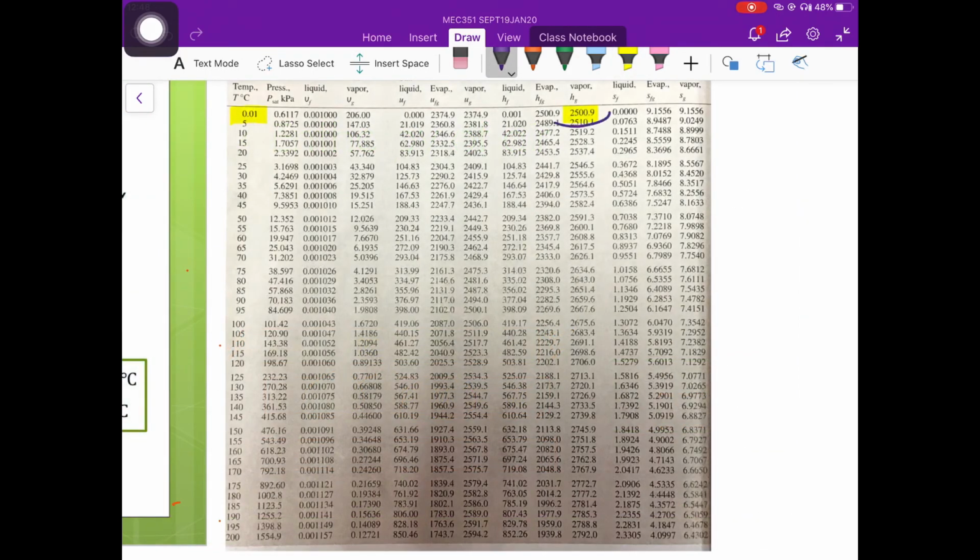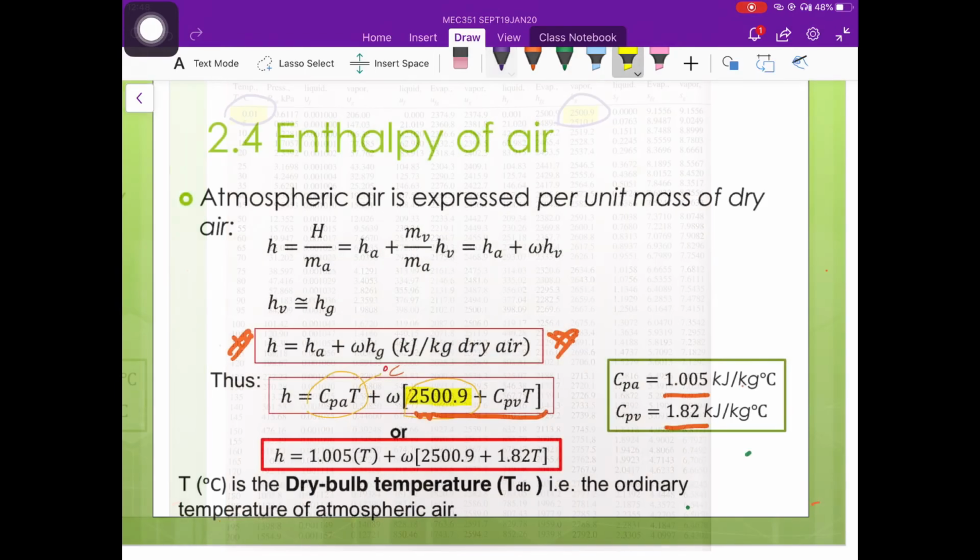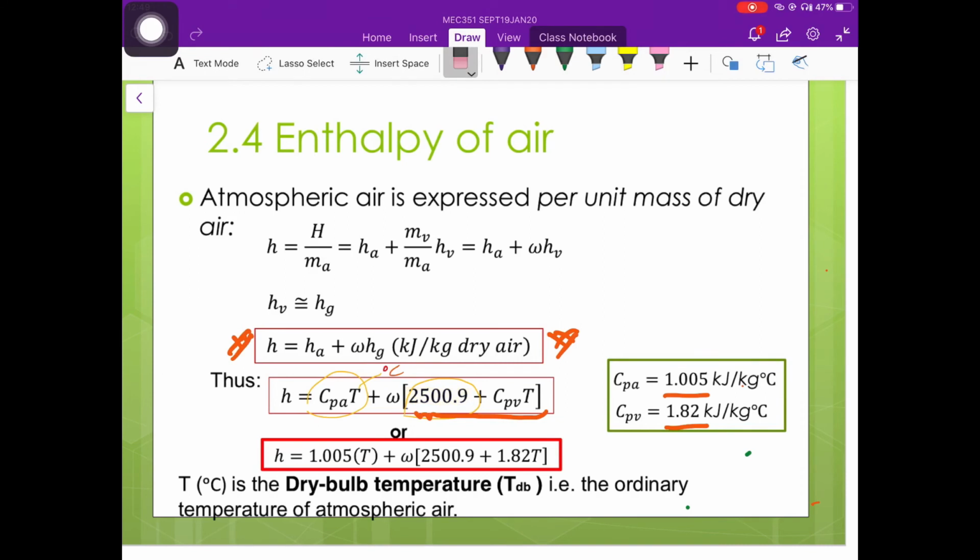The value of 2500.9 is for the temperature approximately equal to 0 degrees Celsius, plus Cpv times T, where Cpv is the specific heat at constant pressure for the water vapor, and the value is 1.82 kilojoule over kilogram degrees Celsius.